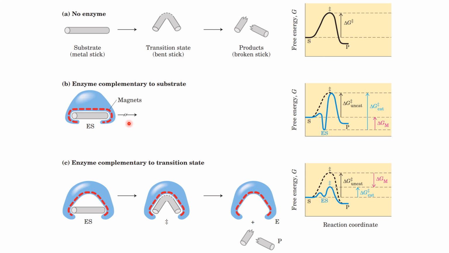So now in case B, when the enzyme is complementary to the substrate, what we have done is, you can say, we use a staircase-like covering from the enzyme, and from the inner side there is a magnet coupled with that box, which is covering the stick.